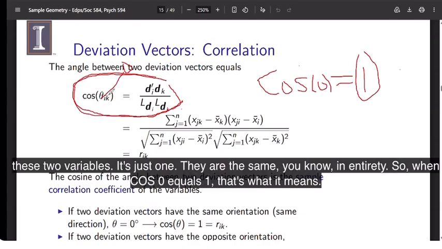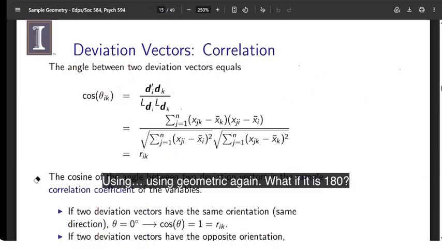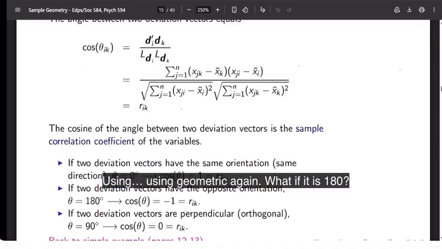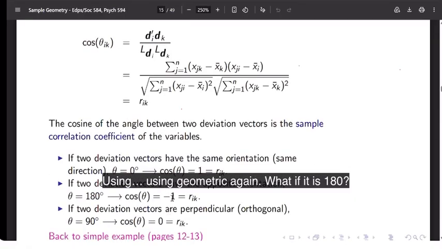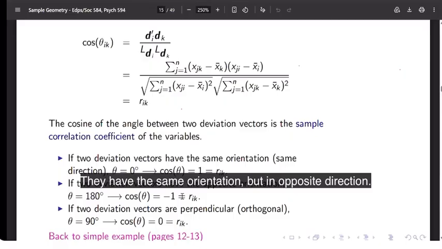Now, using geometry again, what if the angle is 180? Cos 180 is negative one. When you have negative one, it means they have the same orientation but in opposite directions, so the two variables are perfectly negatively related.